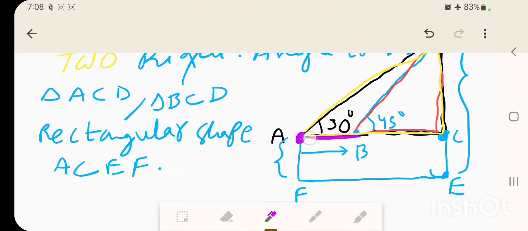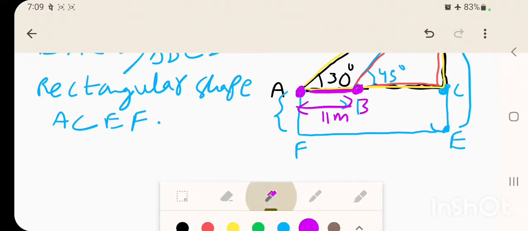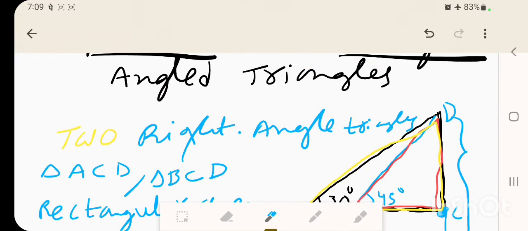He moved to location B, and here the angle of elevation is 45 degrees. The distance between A and B, in the example problem, you can take as 11 meters he moved. So that also you have to write. So we start solving the problem here.